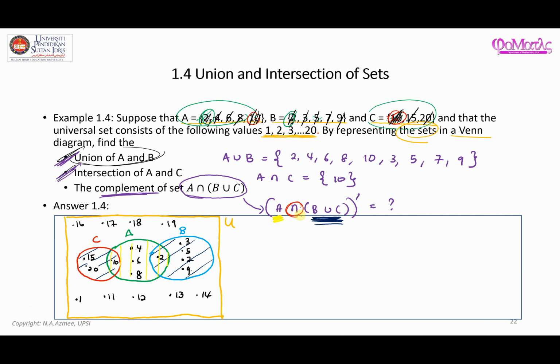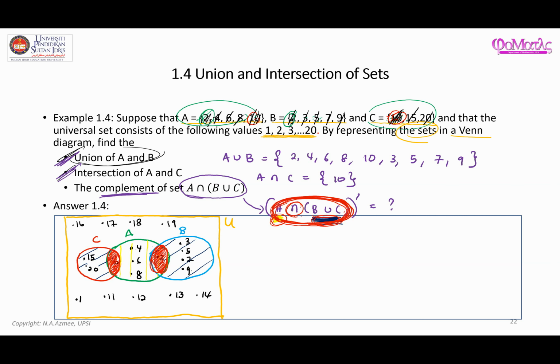So intersection is where the yellow part and the black part here intersects, and we can say that this is where the intersection happens. So this is the area that we are looking for, and this red area here represents the whole mathematical expression given here, A intersect with B union C.